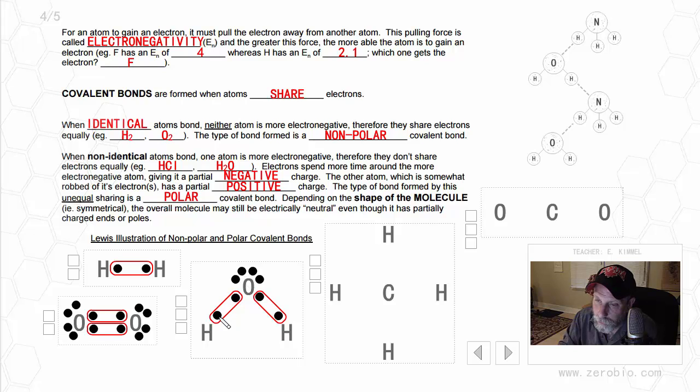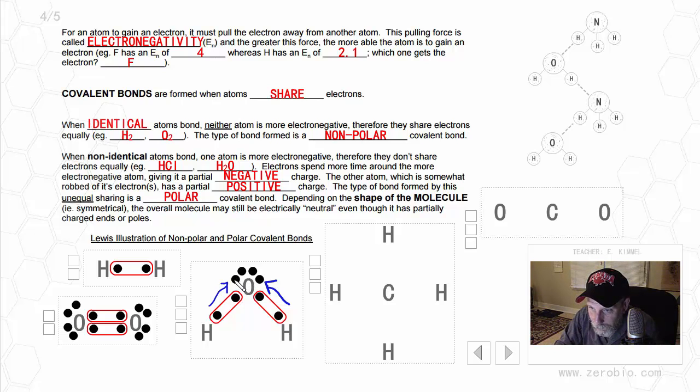I am stronger than you, and so it pulls that electron over to itself far more often than hydrogen gets it. Like hydrogen, okay, I get the 2 on the weekend. Oxygen gets it 5 days a week. And it also does the same on this side. So there is a net pulling force upwards. All right.